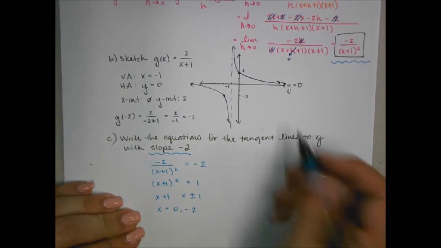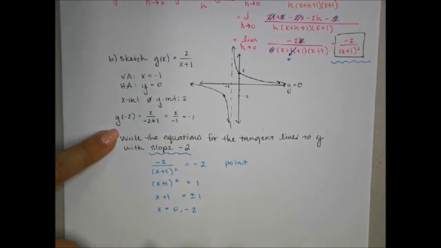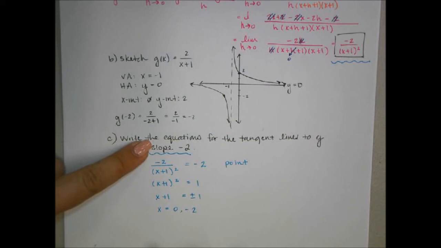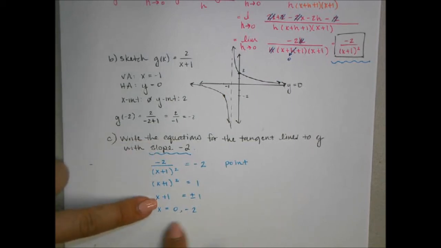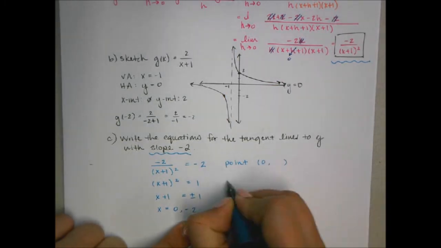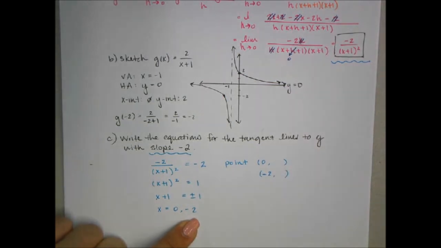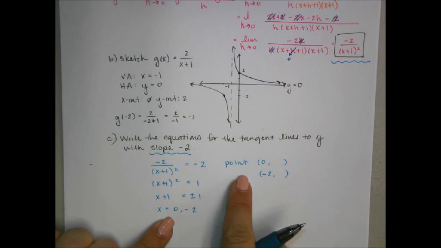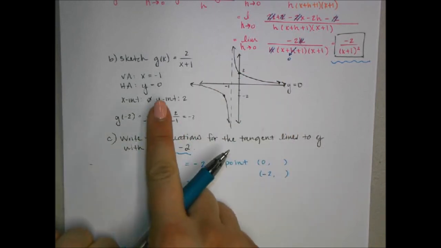So I have the 2 lines. They each have a slope of negative 2. But the 2 lines touch at 2 different points on our graph. So one of them happens when x is 0. One of them happens when x is negative 2. So if we're looking for points on our function, we want to make sure we plug these values back into the original function to find those points.